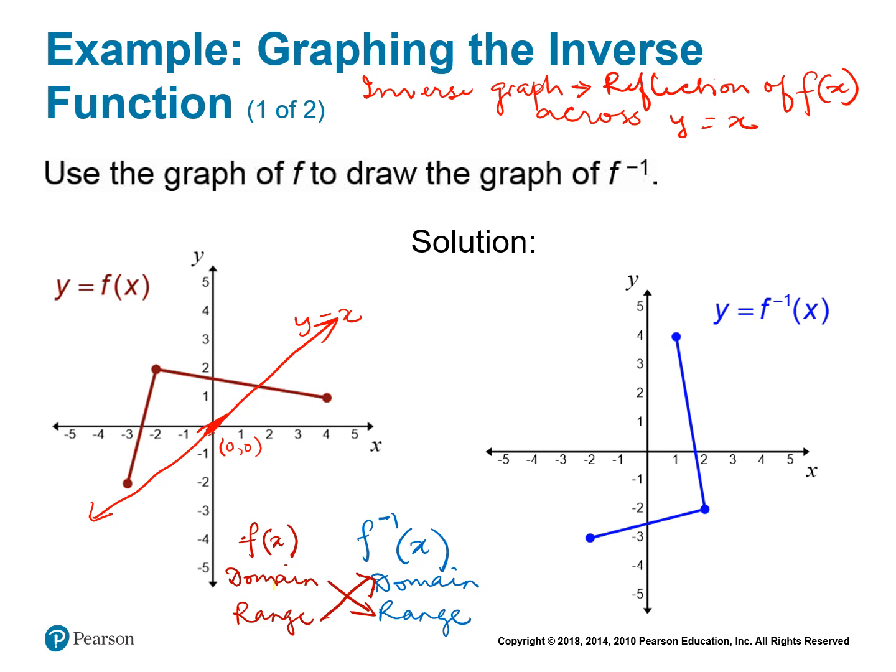The range of the original function becomes the domain value of the inverse function. So if we can find the coordinates of these 3 points in the original graph, then we can switch the x and y coordinates, which will be the coordinates of the inverse function, which is essentially the reflection across the y equals x line.